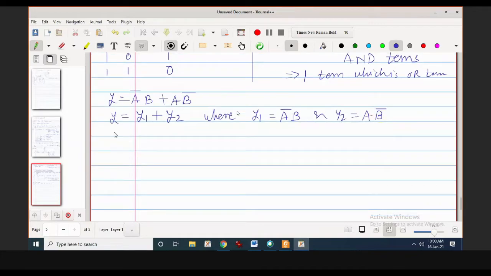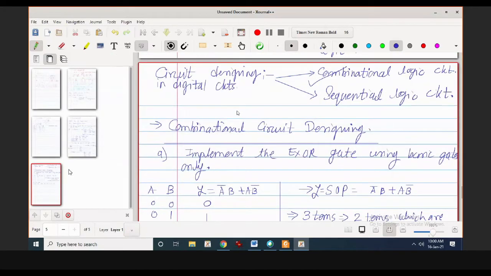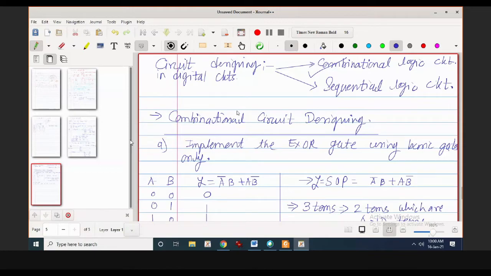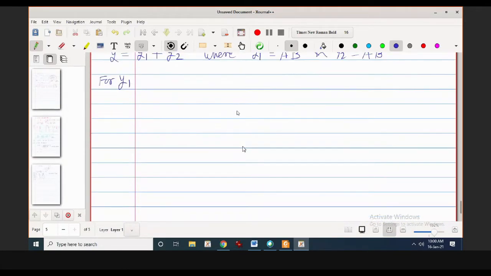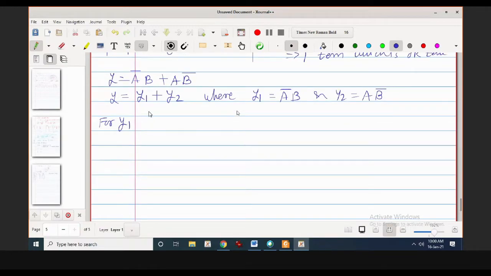Now let's work for Y1. Initially you need to follow these steps. Later on, when things go as per your needs, you do not require so many steps, but initially you have to do this.